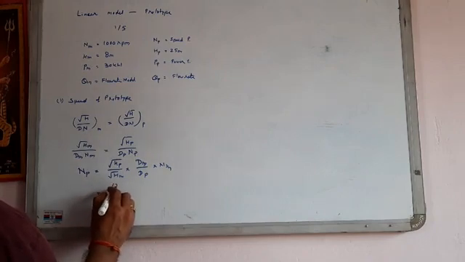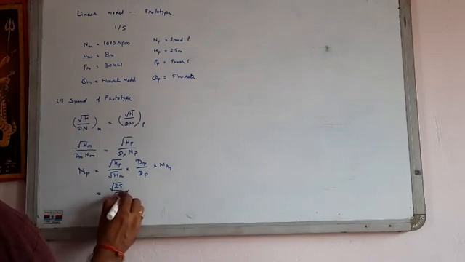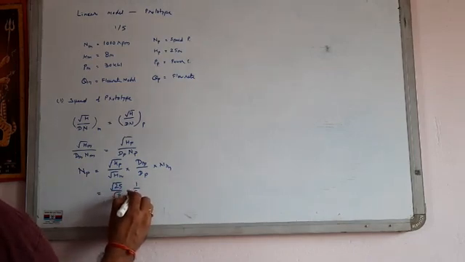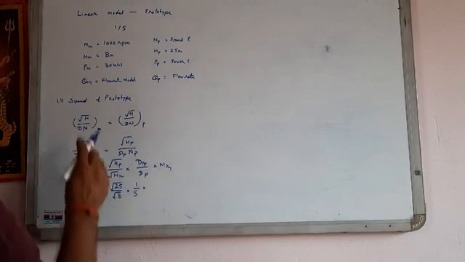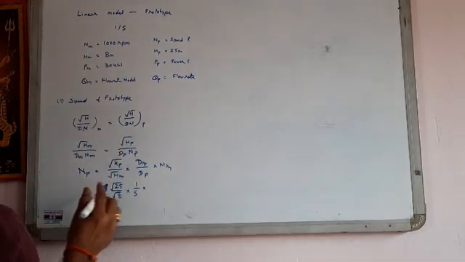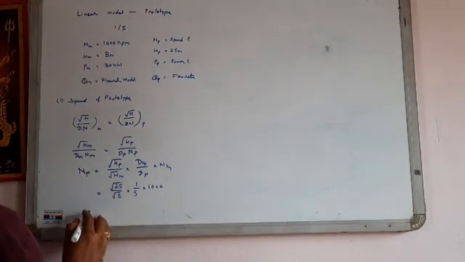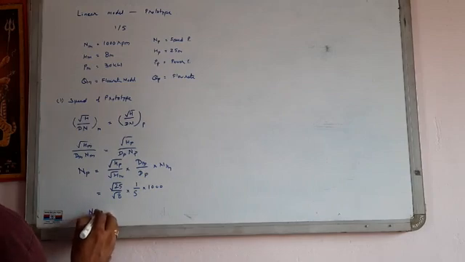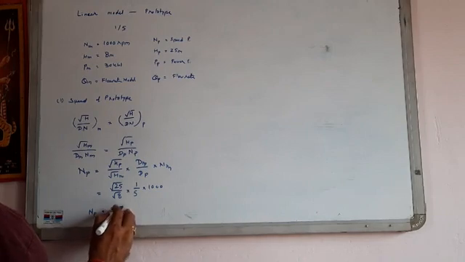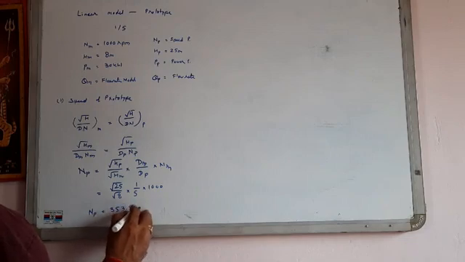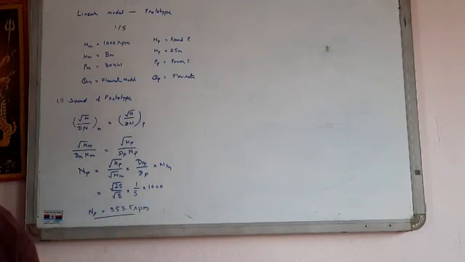Putting the values here, this is root 25 by root 8 into 1 by 5, as the data is given, and this is 1000. So NP prototype is 353.5 rpm. This is the NP.